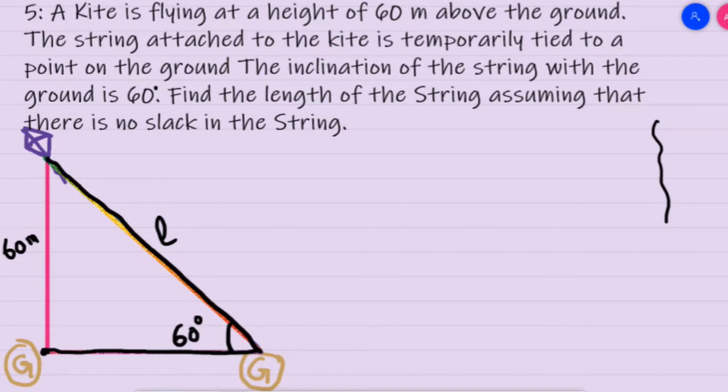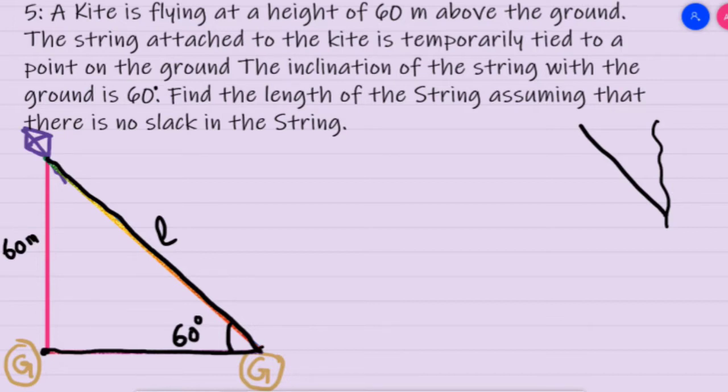Slack means the thread is not loose like this. There is no slack; the thread is straight like this.